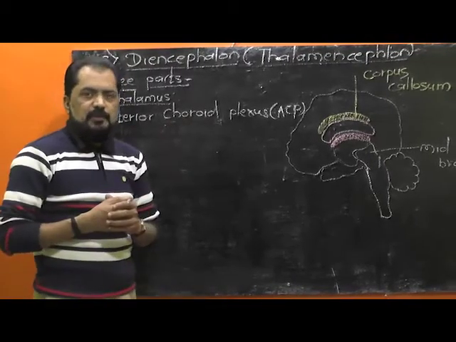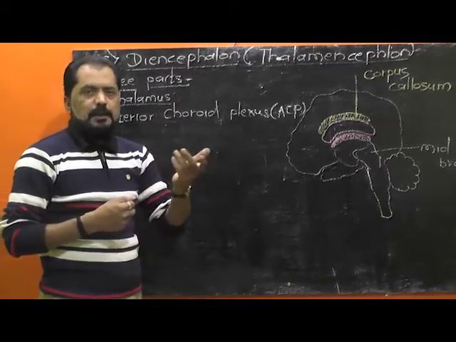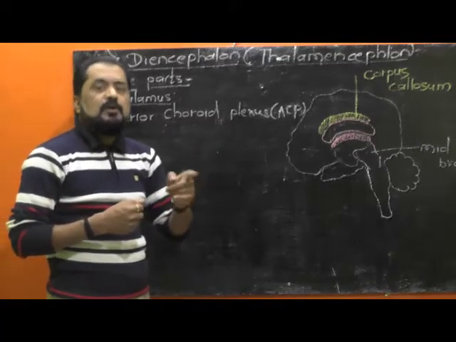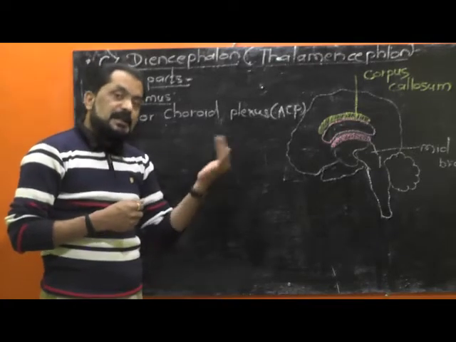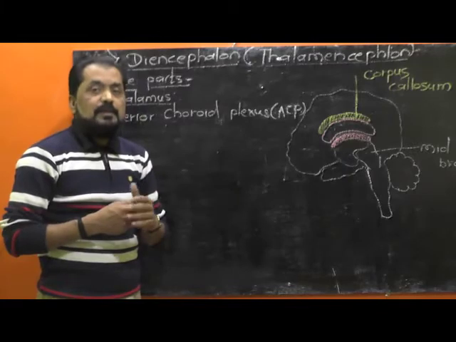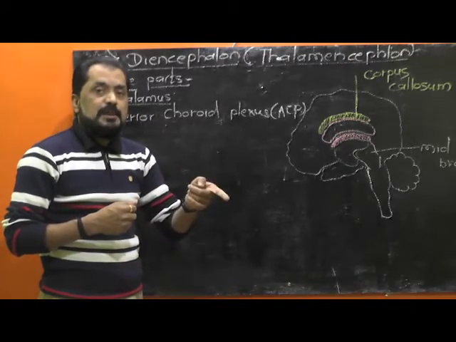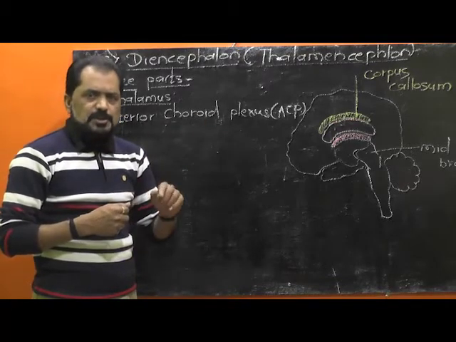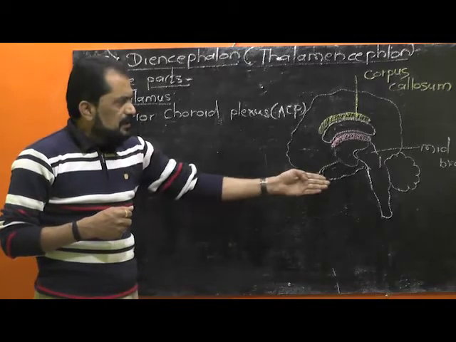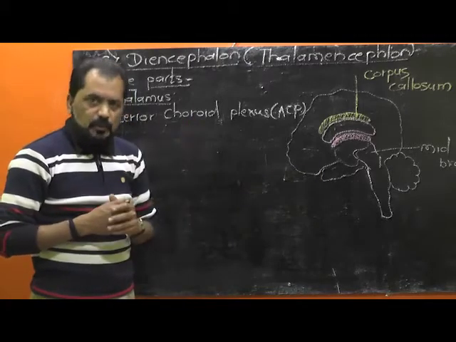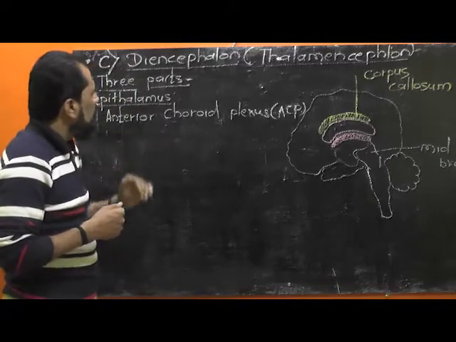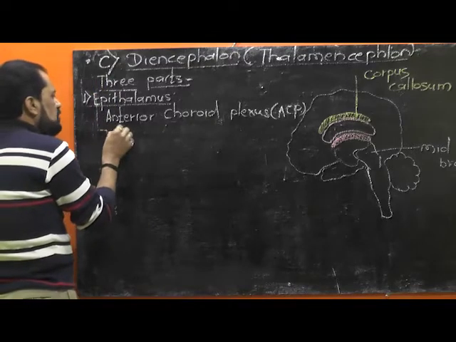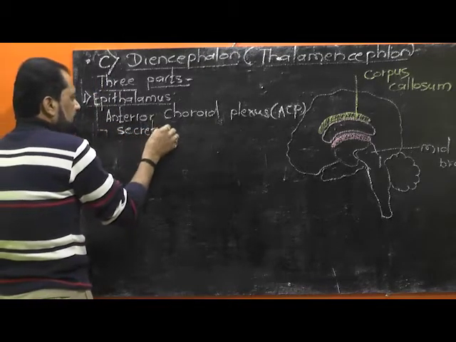Choroid, this word stands for blood or blood supply or blood capillaries, and anterior means the choroid plexus network of blood capillaries present in the anterior part of the brain. We will come across another choroid plexus later on, known as the posterior choroid plexus, present in the hindbrain, which I will tell you about later on. Now this anterior choroid plexus, that is ACP, is responsible for the secretion of cerebrospinal fluid.